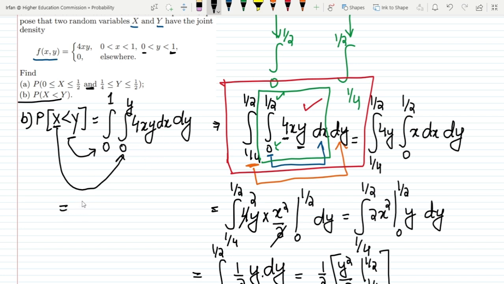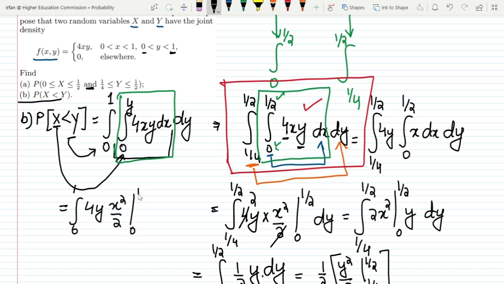So let me solve it. First solving this integral from 0 to 1, and solving the inner one, this will become 4y x squared divided by 2, from 0 to y, and here dy.